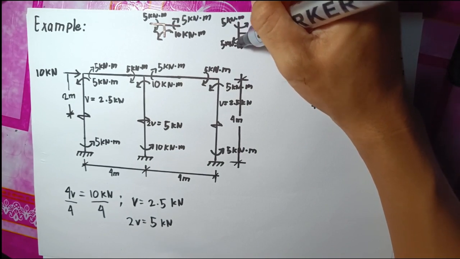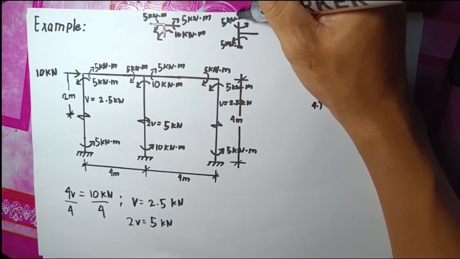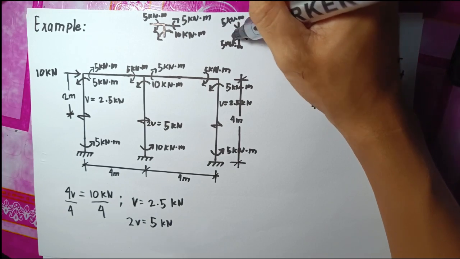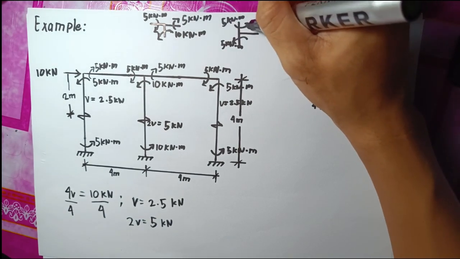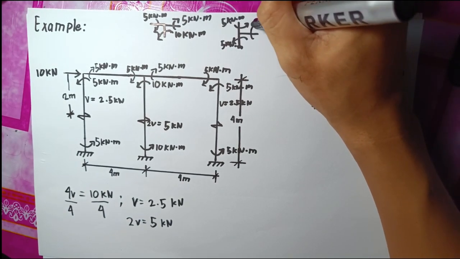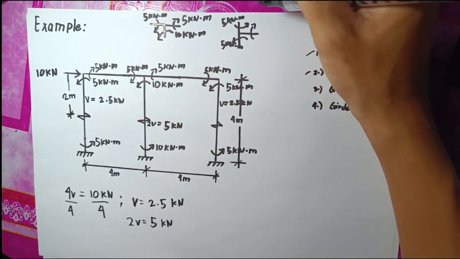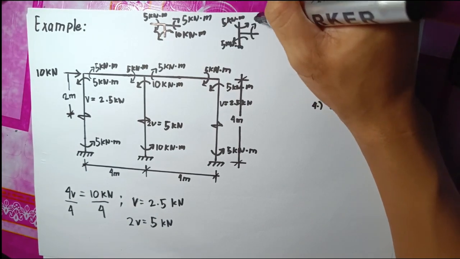If you have one vertical column, you simply add the value in the moment of the beam. So 5 plus 5 equals 10.